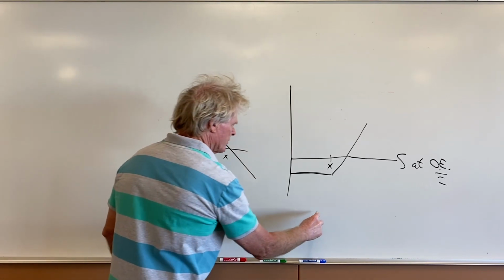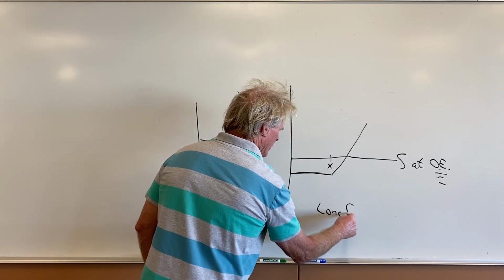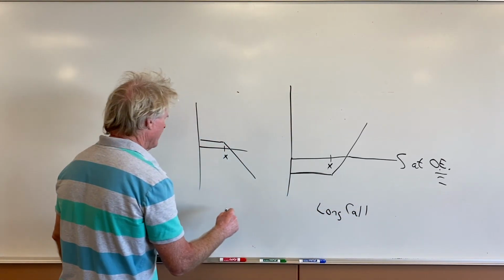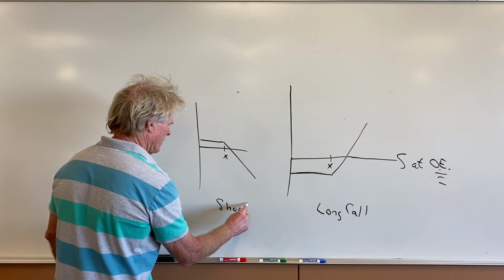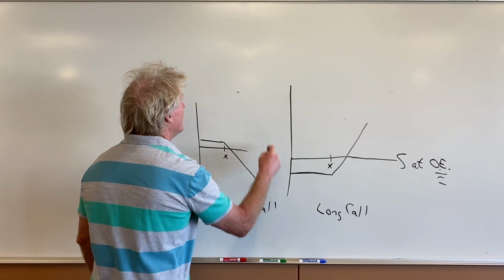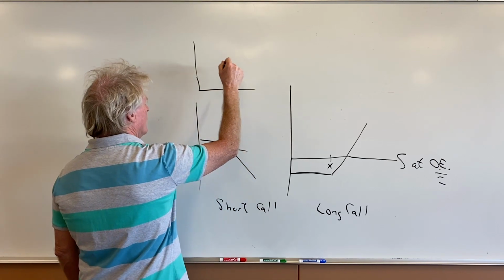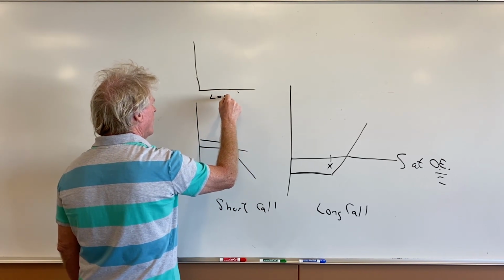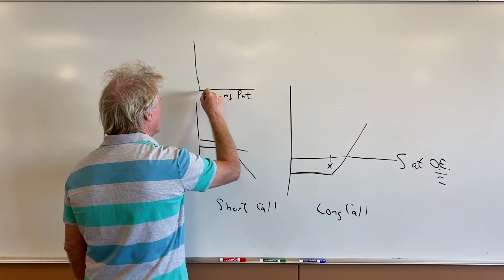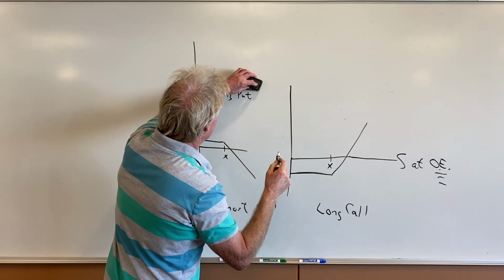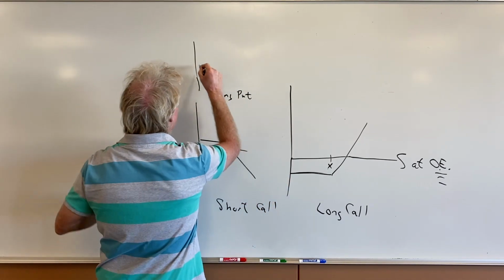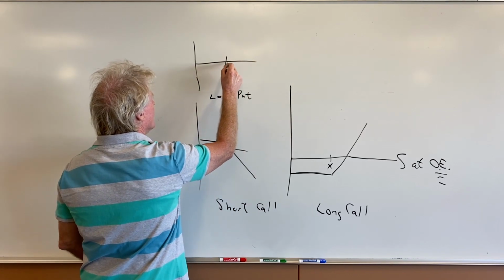Right here will be a profit diagram for a short call. So this is long call. This is short call. Up here I'll put long put. There's the strike price.